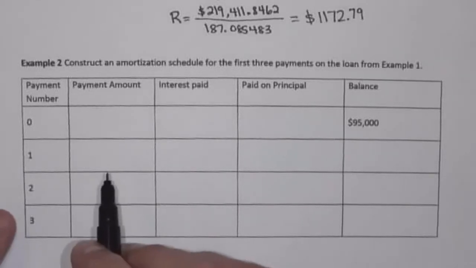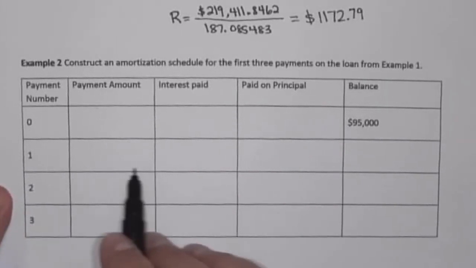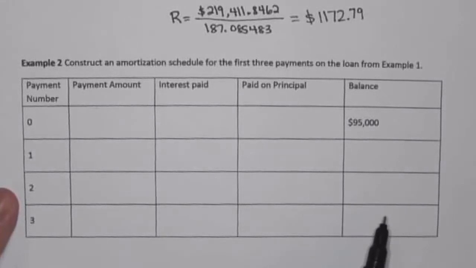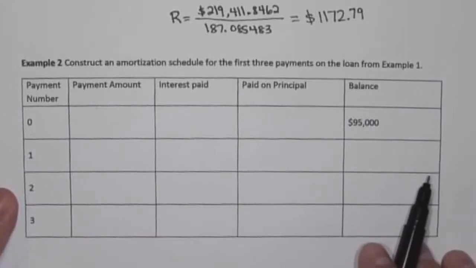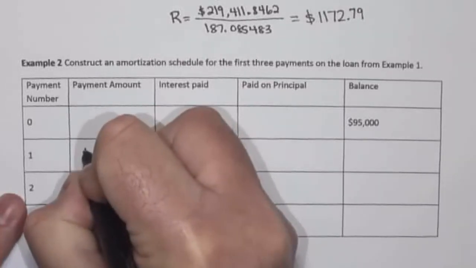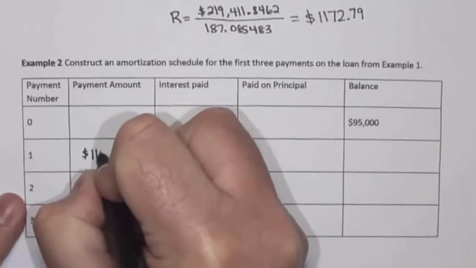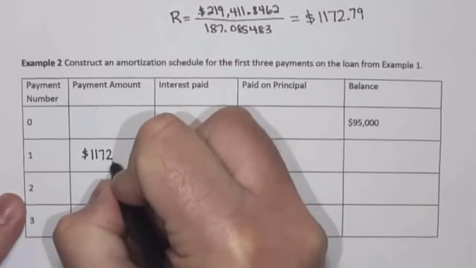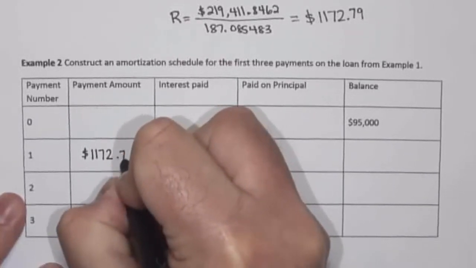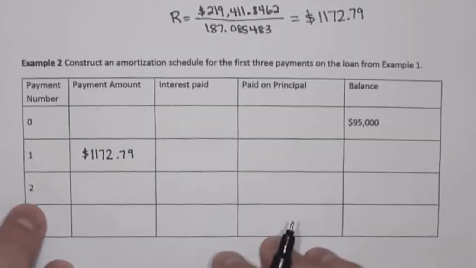So the way we do that is we're going to just do the first 3 payments and figure out what the balance is. And so this is, again, the beginning of the amortization schedule. So for the first month, the retiree is making the payment of $1,172.79.